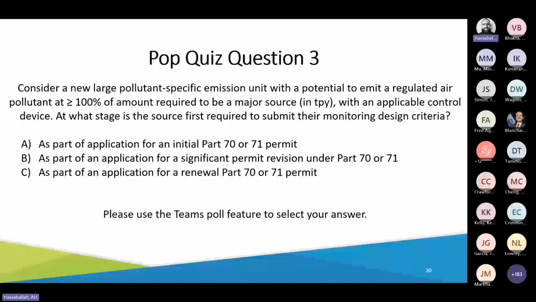At what stage is the source first required to submit their CAM? Now, permits are long-standing documents. They are new, they are renewed over the years. The question is, at what point is CAM first considered?